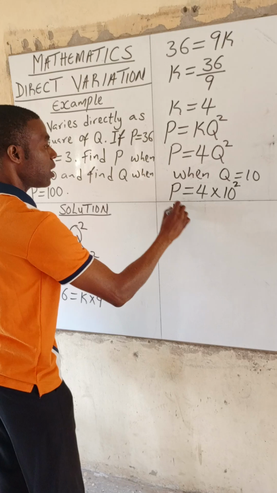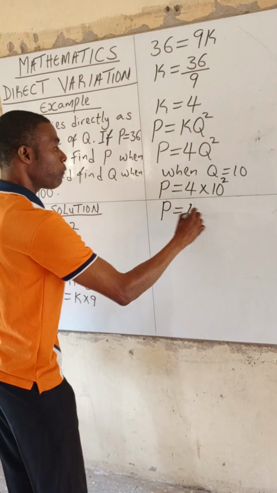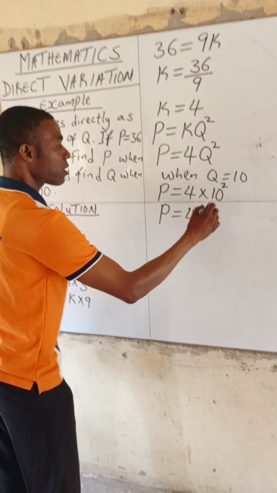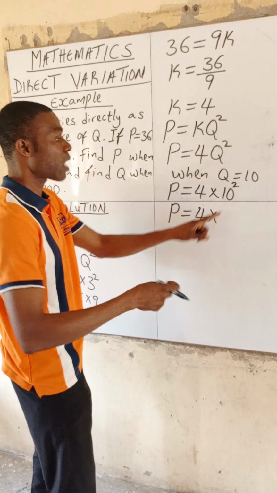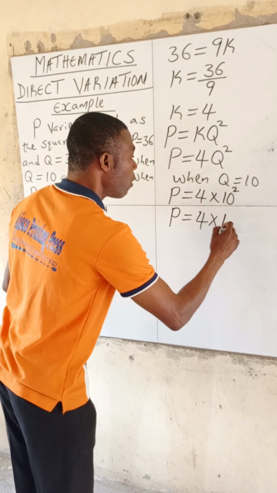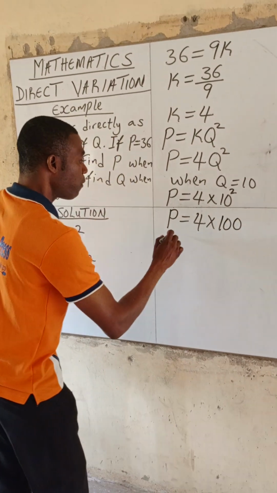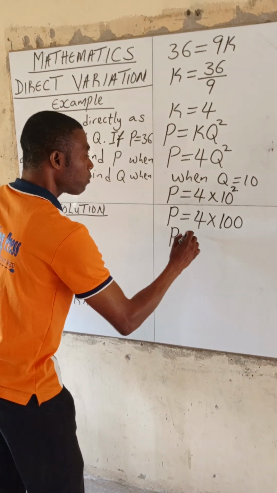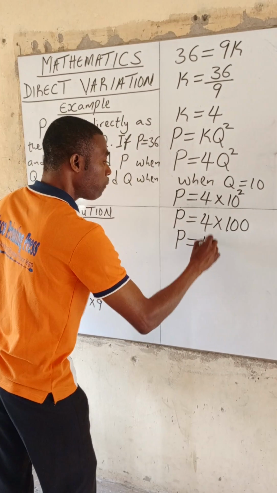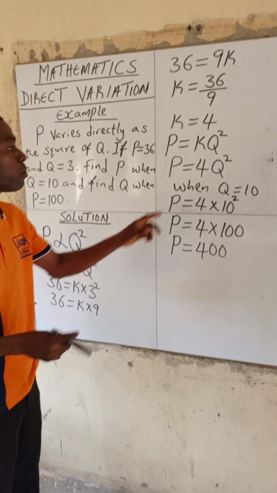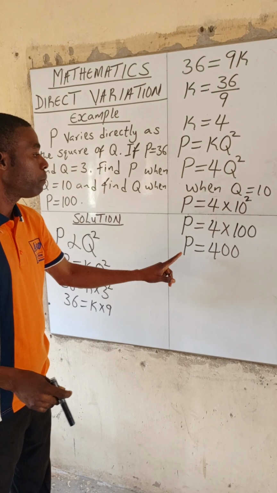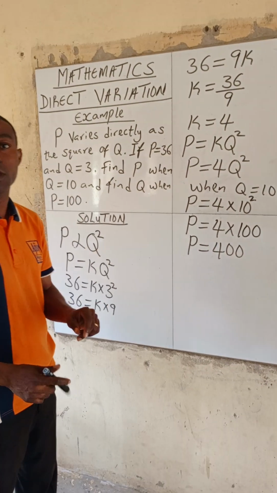So we now have P equals 4 times 10 squared, which means 10 times 10. And 10 times 10 gives us 100. Therefore, P equals 4 times 100 gives us 400. So that means when Q equals 10, P equals 400.